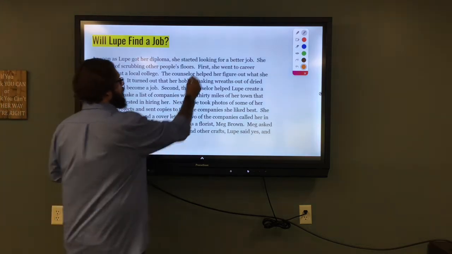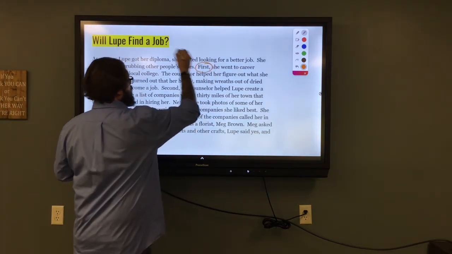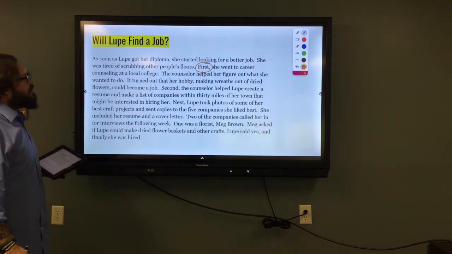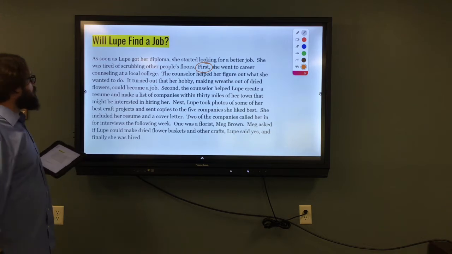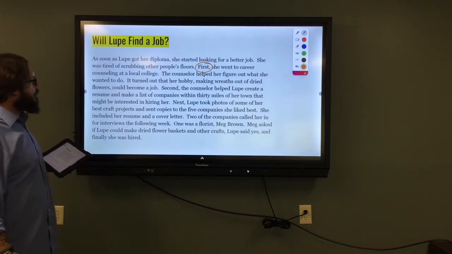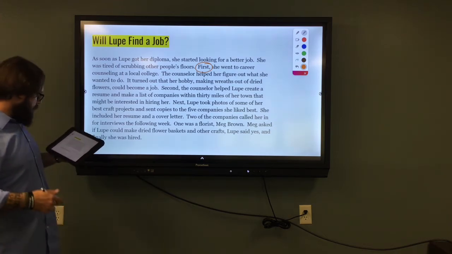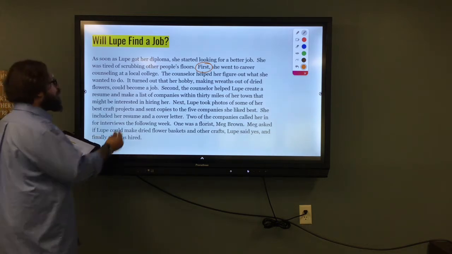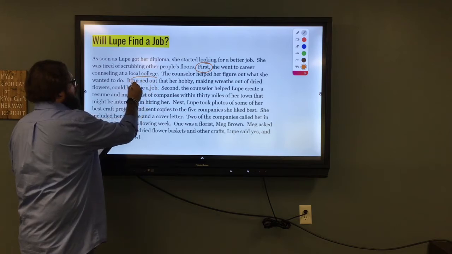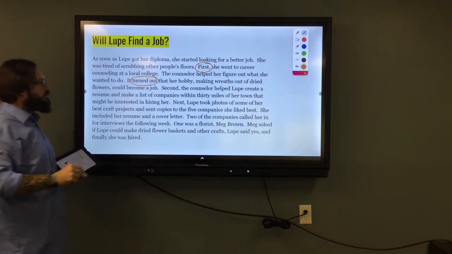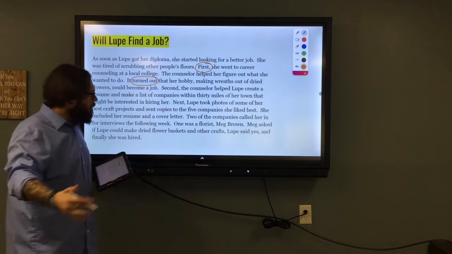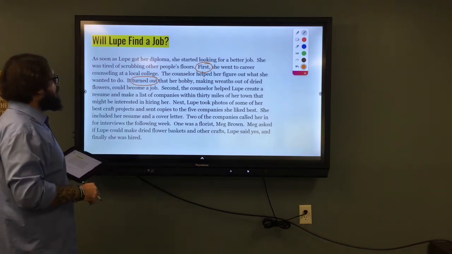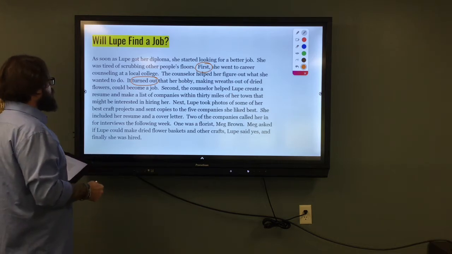First, okay, so there is a signal word that lets us know what happened first. So she went to career counseling. Counselor helped her figure out what she wanted to do. It turned out, so turned out is another signal word that clues us to the next event that happens in chronological order. Making wreaths out of dried flowers could become a job.